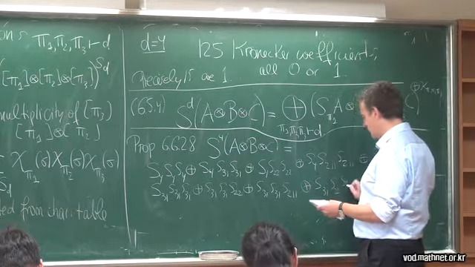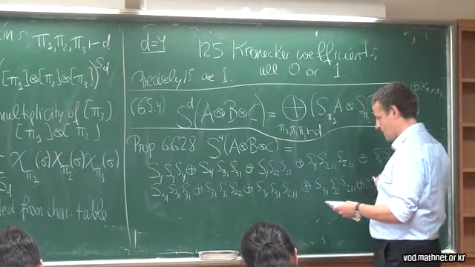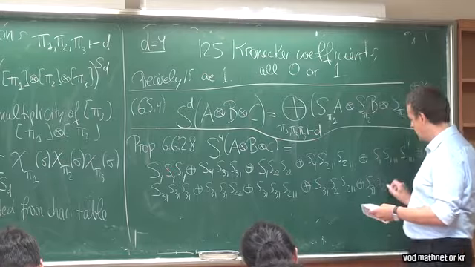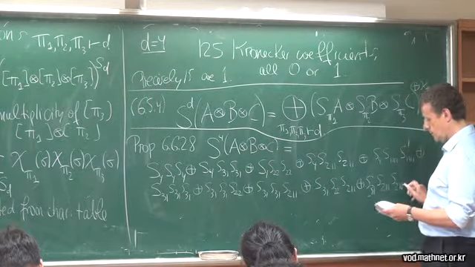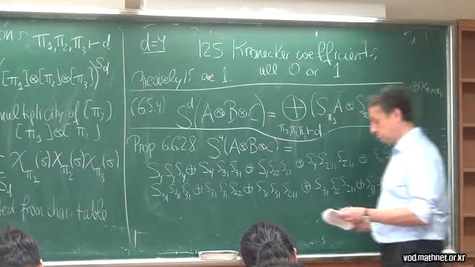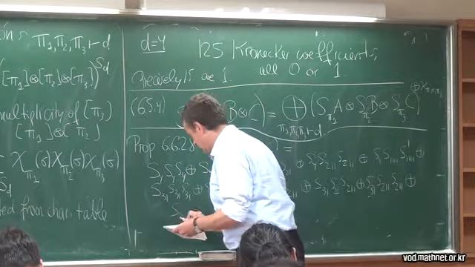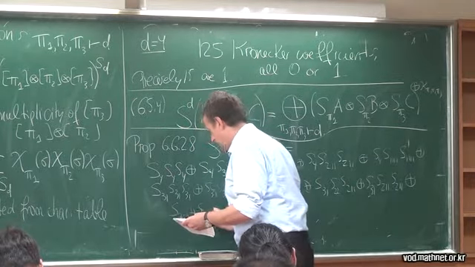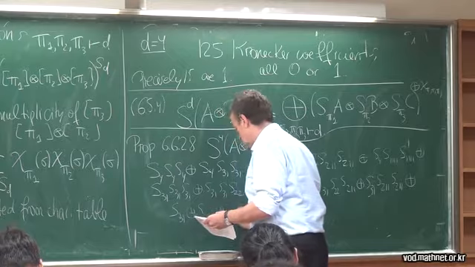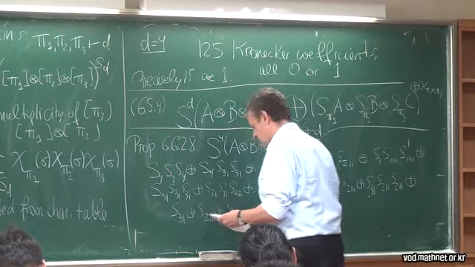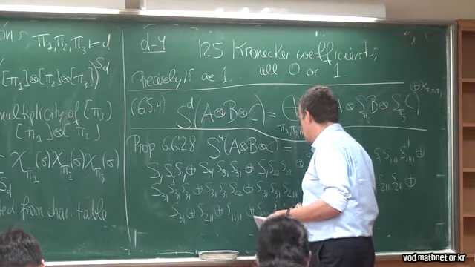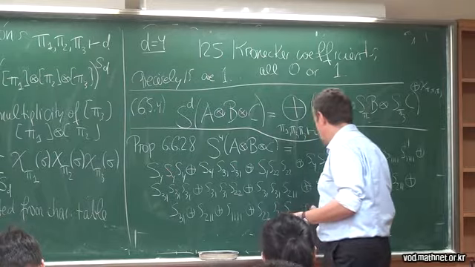Then 3,1 with 2,2 and 2,2; 3,1 with 2,1,1 and 2,1,1; 3,1 with 2,1,1 and 1,1,1,1. Then 2,2, 2,2, 2,2, my favorite.